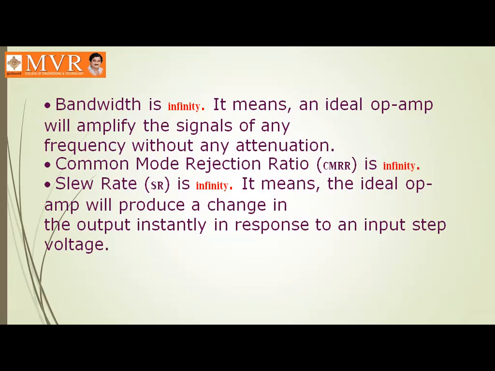Ideal op-amp must perform its amplification, that is perform its operation the same at 0 frequency as well as at infinite frequency. Because of this, op-amp must have infinite bandwidth. That means at any frequency, the op-amp must work in the same manner.